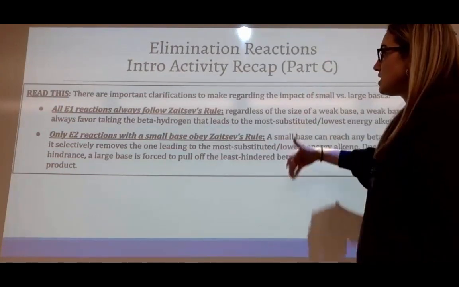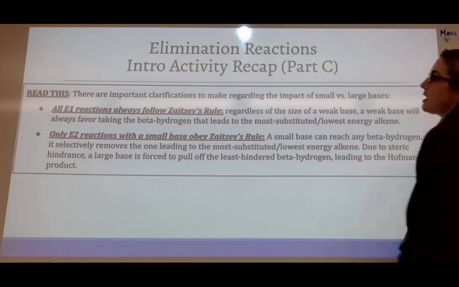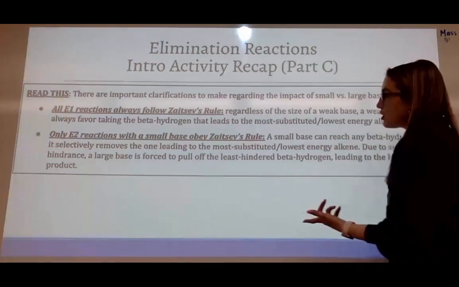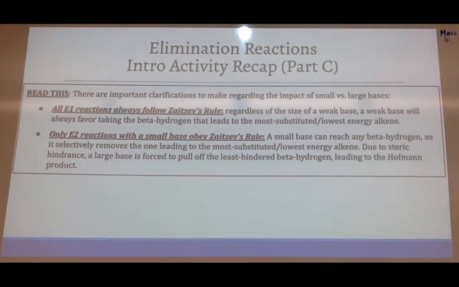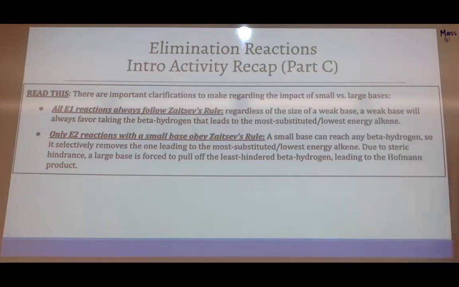Now, when it comes to the different reactions, all E1 reactions, so E1 reactions form the carbocation and then form the double bond, will always follow Zaitsev's rule. So E1 reactions will always produce the most substituted alkene. For E2 reactions, if a small base is used, it will obey Zaitsev's rule, so it will form the more substituted alkene.